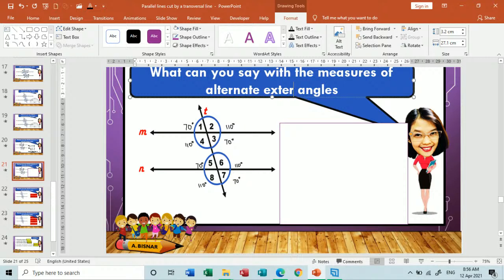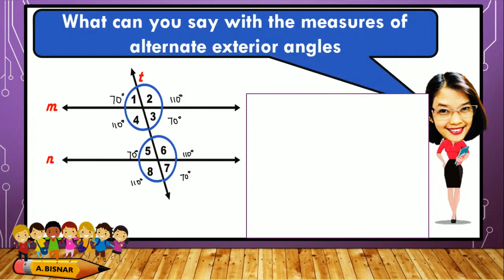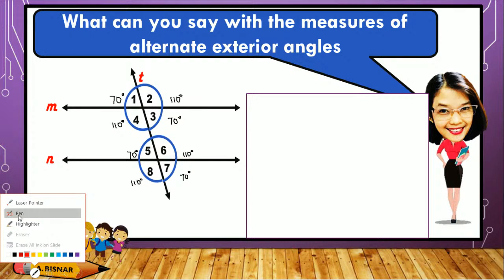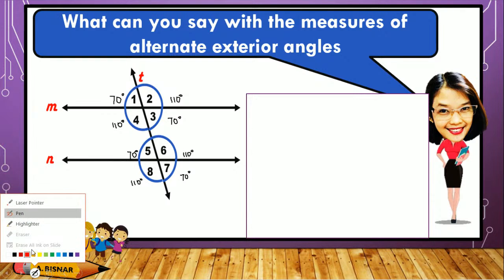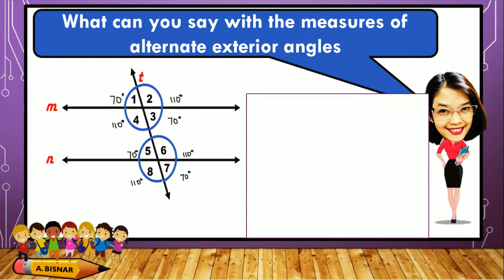Okay. Your answers are all correct. The measures of it are congruent too. So let's write. Pen. I'll write everything in here sa isang page. So, the alternate interior angles.